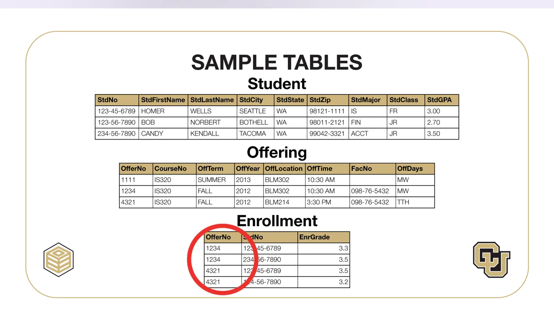Likewise, the values in the offer number column of the enrollment table match the offer number column in the offering table. This graphical depiction of matching values can clarify the concept of relationships among tables. In the table listings, the matching values are difficult to identify.